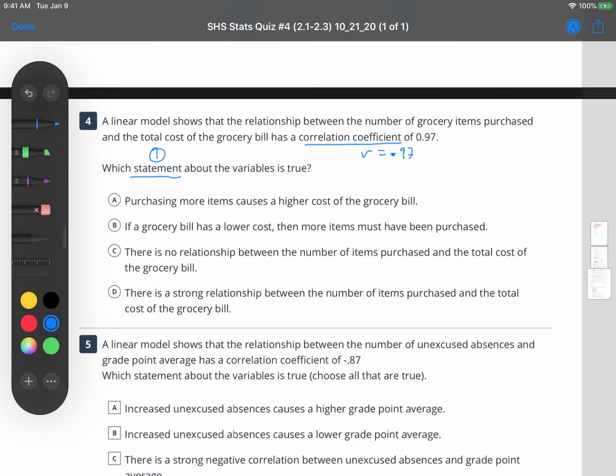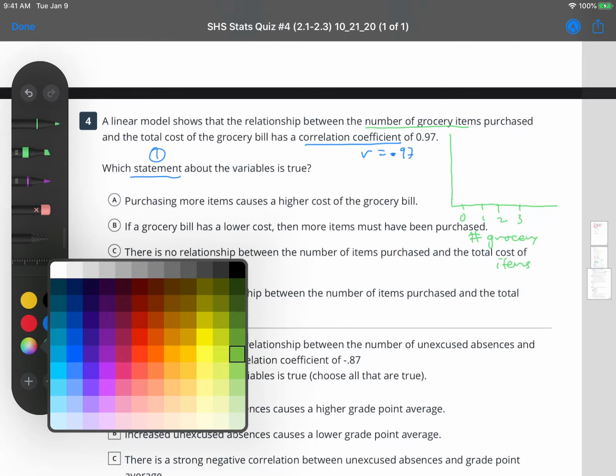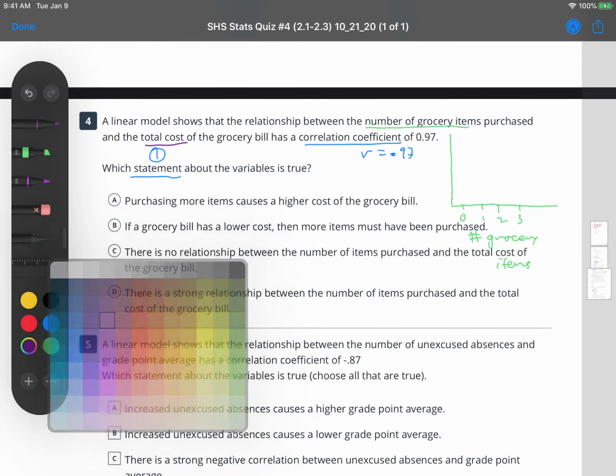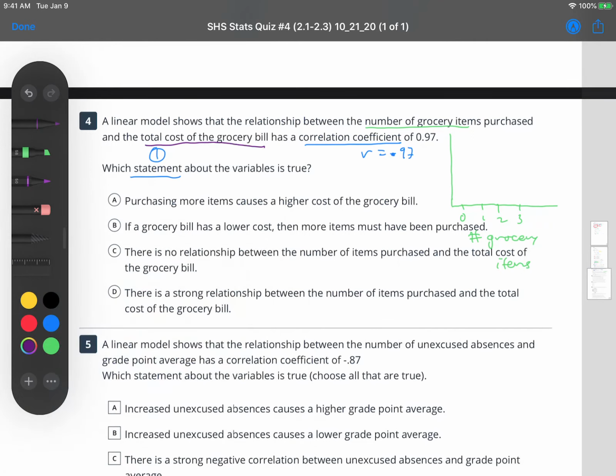Okay, so this is the one where you have to practice drawing our pictures. The relationship between the number of grocery items, I don't know, this helps me just to draw, so I get a visual, right? 0, 1, 2, 3. And then over here you have total cost of grocery bill.